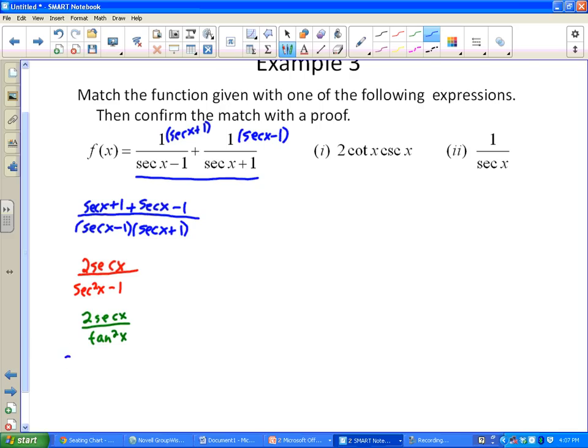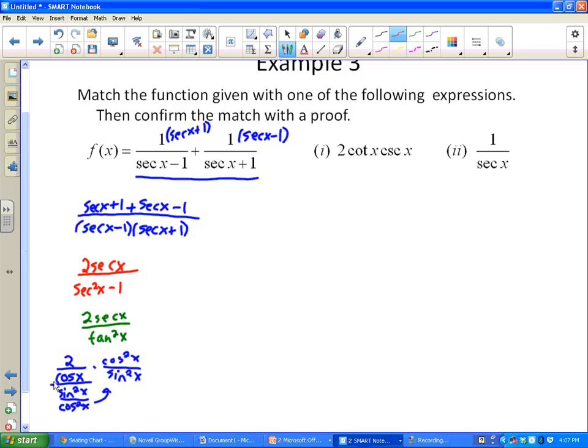So this would be 2 over cosine, because secant is 1 over cosine, but I have a 2 in front instead of just nothing. Tangent squared is sine squared x over cosine squared x. Now I would flip up that fraction and multiply by cosine squared x over sine squared x to keep simplifying here.